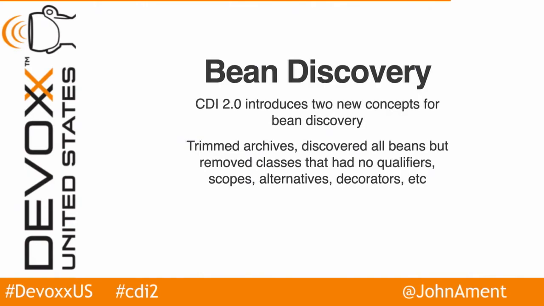Trimmed archives were our answer to create something that was a little bit more than annotated, but not quite fully every single class that was defined within your application. We wanted to ensure that things that had some annotation on it that we had discovered were actually available as CDI beans, even if that wasn't necessarily what you were looking for.